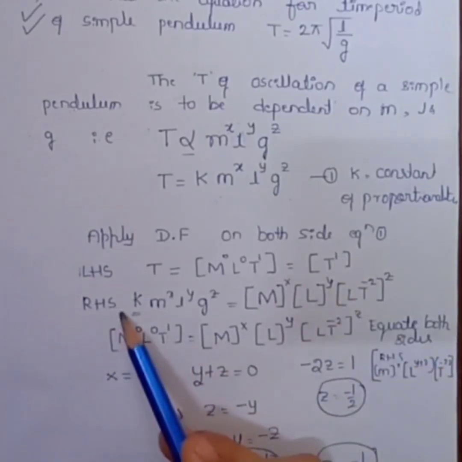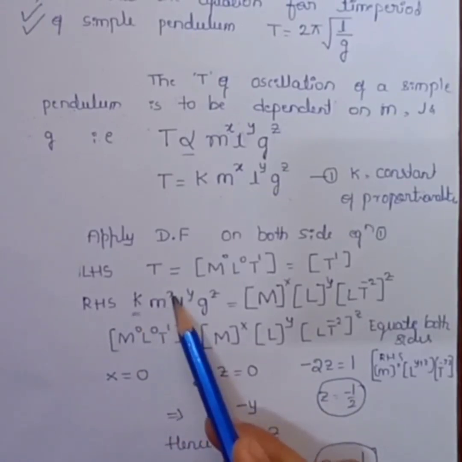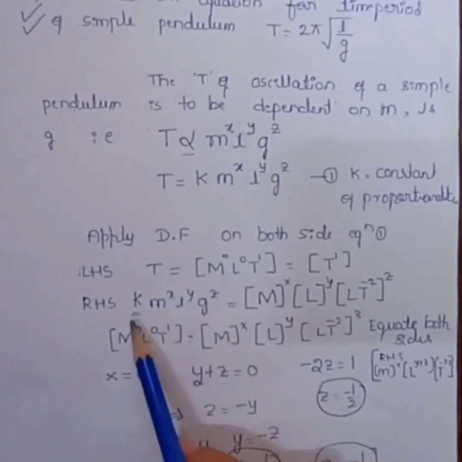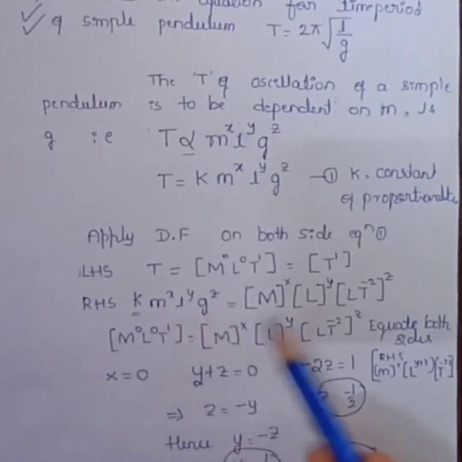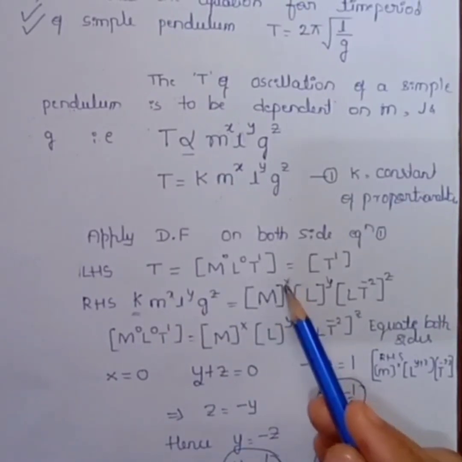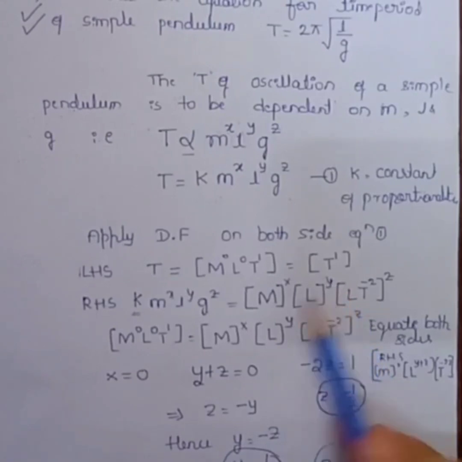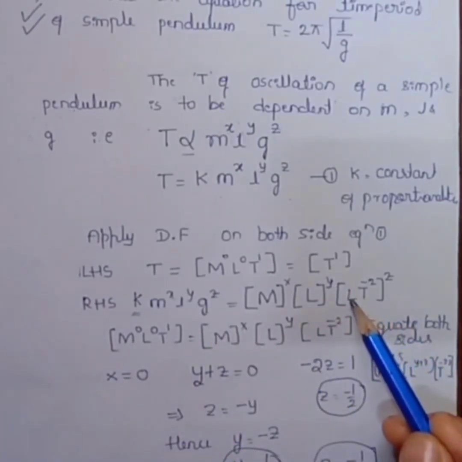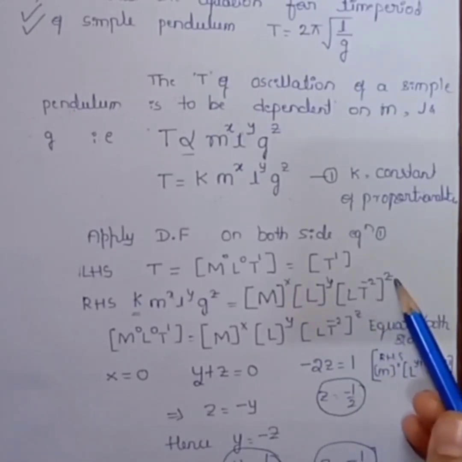Now RHS equals k into m to the power of x, L to the power of y, g to the power of z. K is a constant term, just leave that one, and m is the mass term, it becomes M to the power of x. L is the length term, it becomes L to the power of y, and g is acceleration due to gravity, it can be written as LT⁻² all to the power of z.